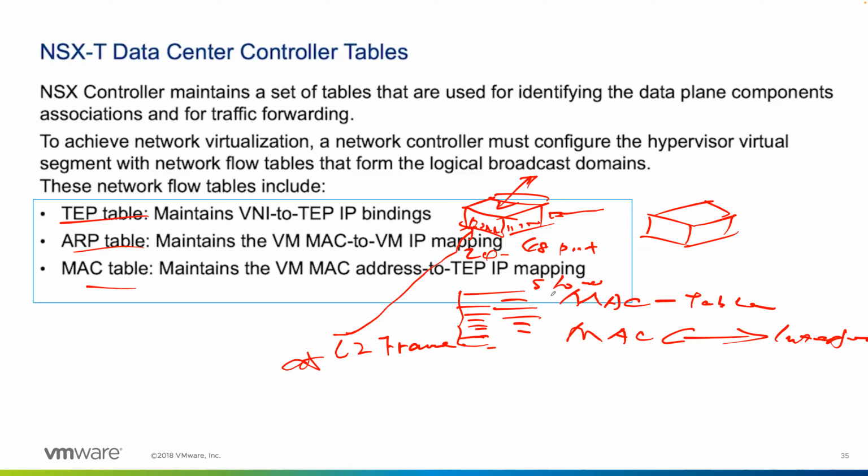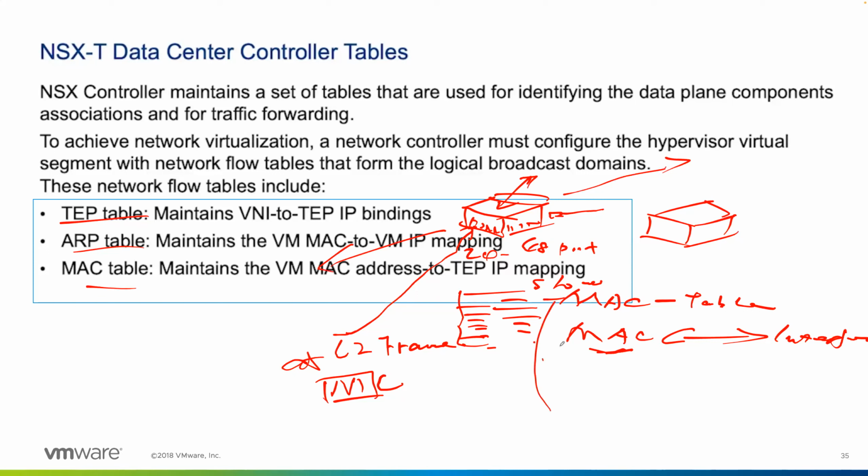That means the switch system knows where this MAC is. Every NIC has a MAC, so the switch knows where the NIC is, and can intelligently transmit the layer 2 frame from the source port to the destination port.